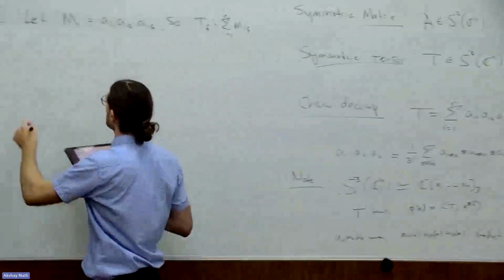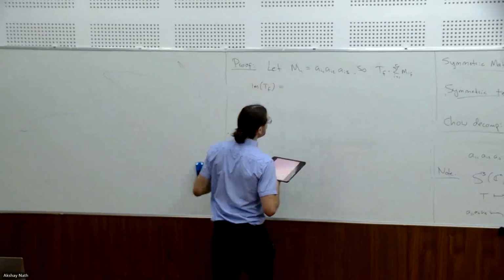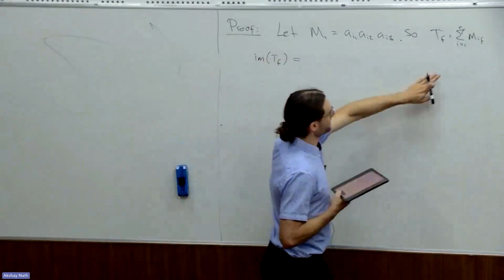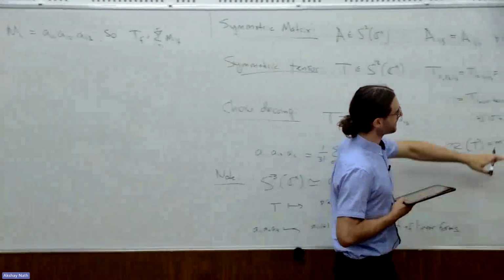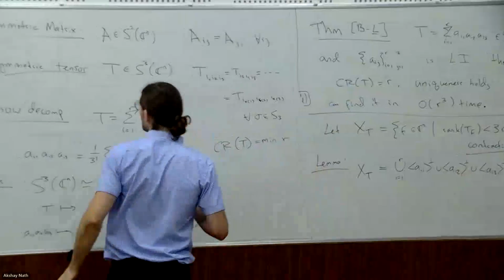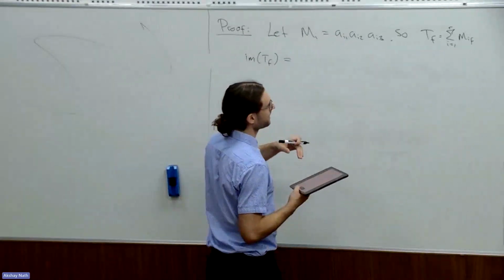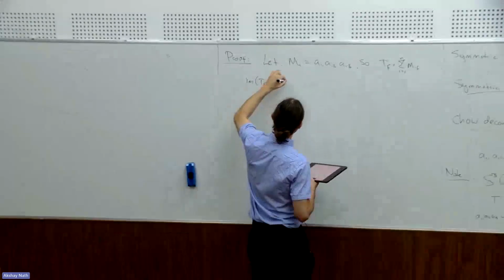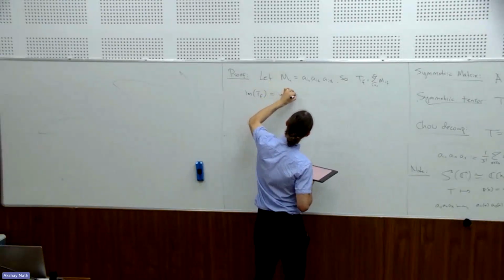First of all, notice that the image of T_f is equal to the direct sum of the images of M_1 f through M_R f. Since all these vectors are linearly independent, they're supported on disjoint spaces, and so the image will be the direct sum.